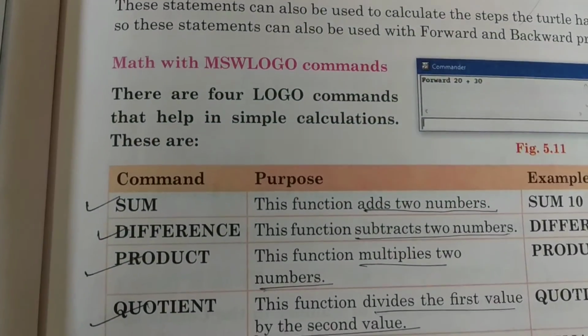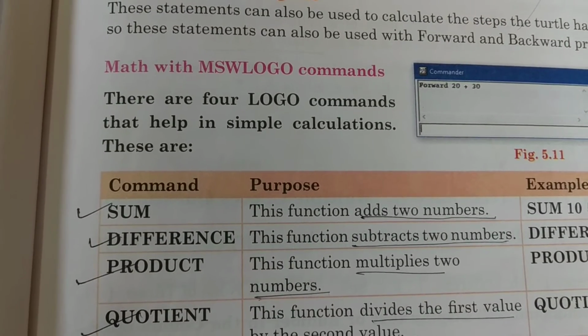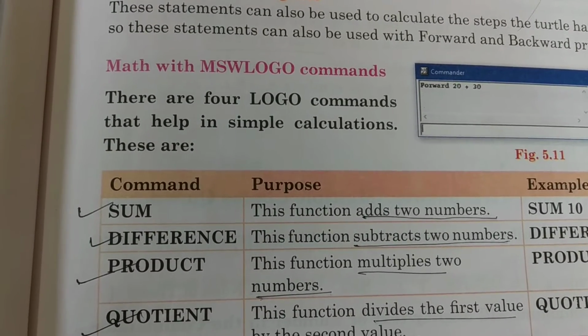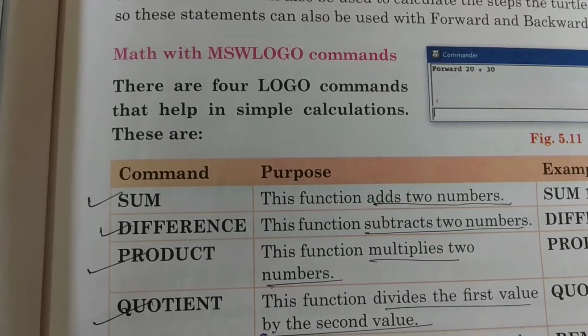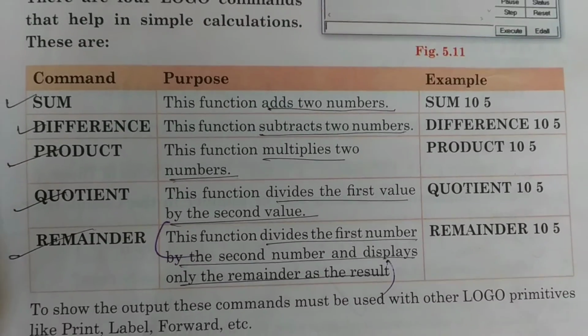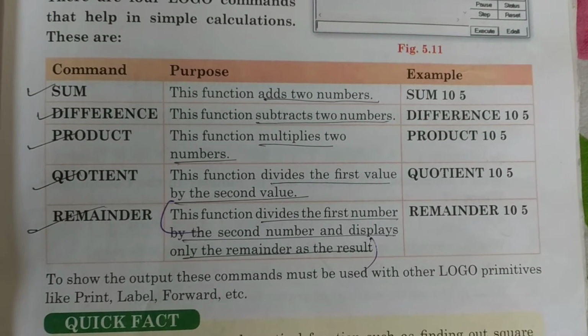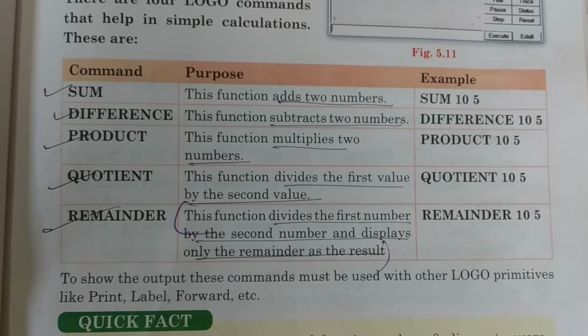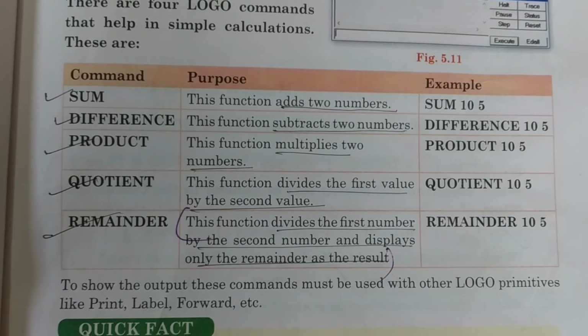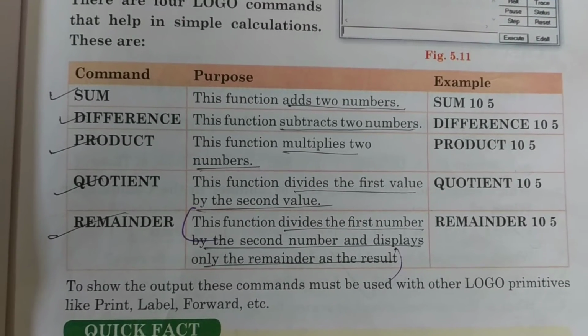Then math with MSW Logo commands. These are the four Logo commands that help in simple calculations. What are these commands? You again see the table that is given on page 53. Command is sum, and what is the purpose? It helps in adding two numbers, and how you have to write?